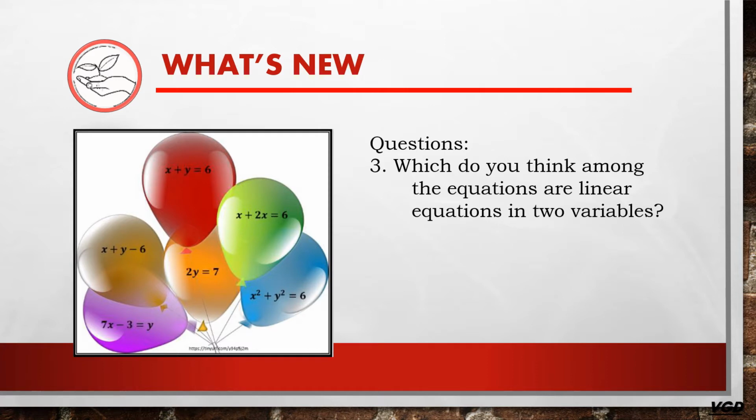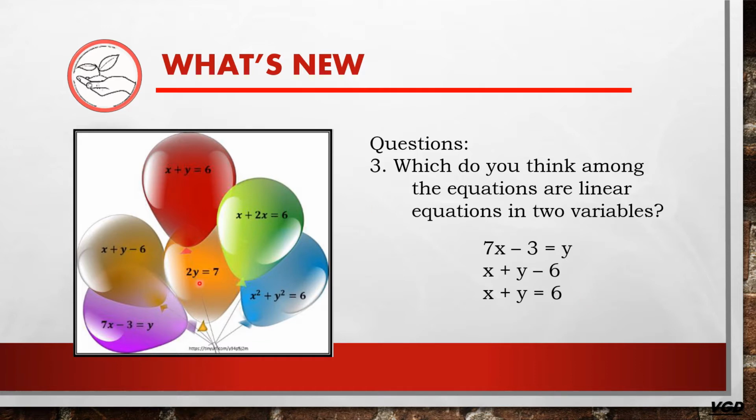For question number 3, which do you think among the equations are linear equations in two variables? The answers are 7x minus 3 equals y, x plus y minus 6, and x plus y equals 6, because all of these three equations have two variables.